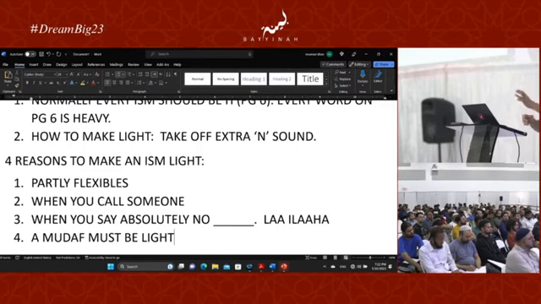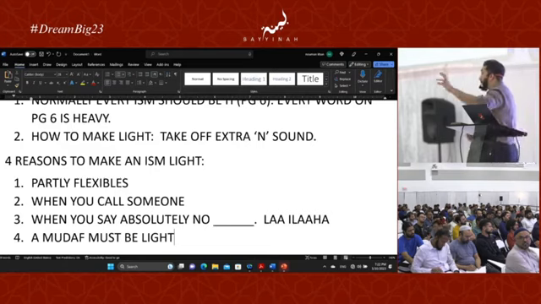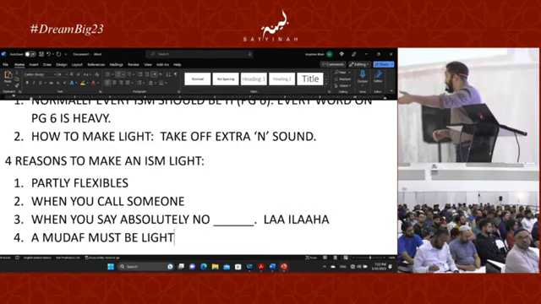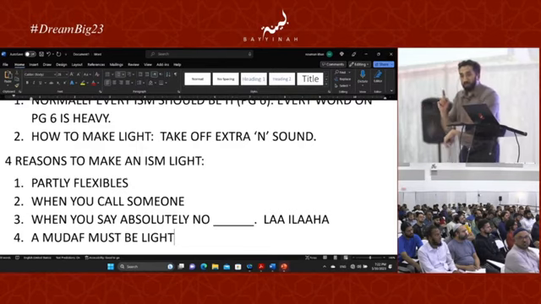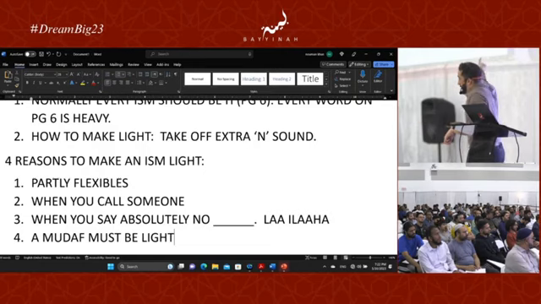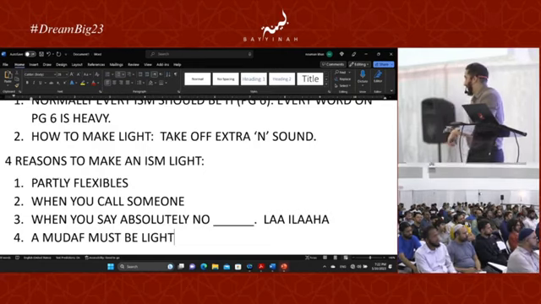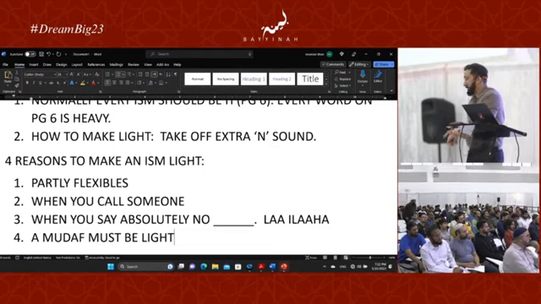Okay, if I tell you this word is an ism, and then you discover that that ism is light, then you must know why it is light. And how many reasons will you find for it to be light? These 4. It's got to be one of these. It'll fit one of these.